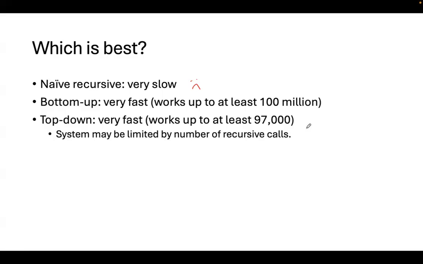For top down, since we've got an explicit recursive call, the system that you run this on might be limited in how many recursive calls we can make. So it works up to a point, but maybe not so much after that. Things to consider as you think about how big your output could be.